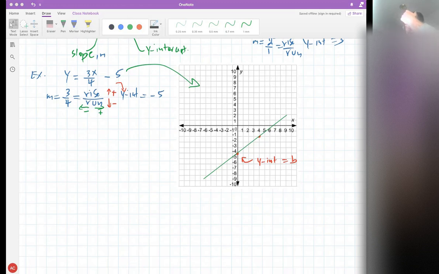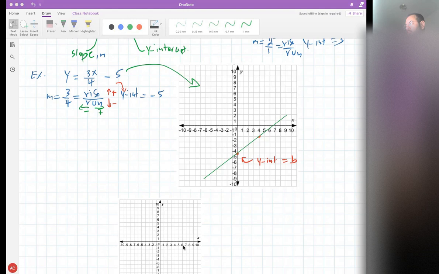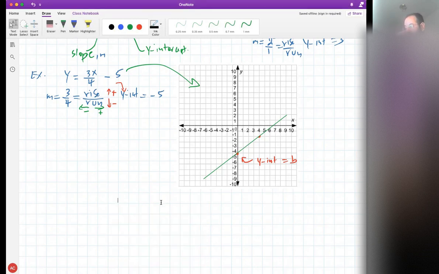Professor, question. Does this apply for the X-intercept, or is that completely different? This only involves the Y-intercept. The X-intercept, you can see it here. After you draw the line, the X-intercept is the intersection with the X-axis. But this one only involves the Y-axis.